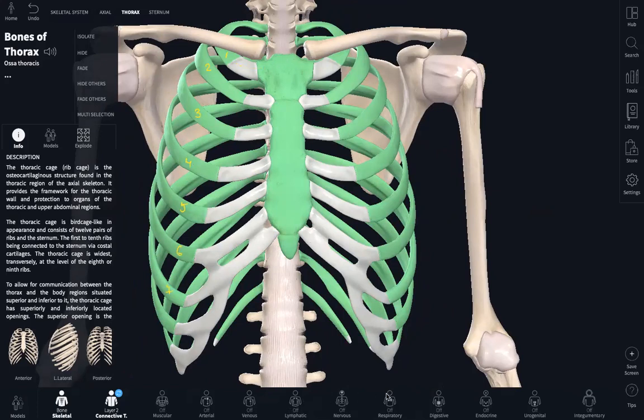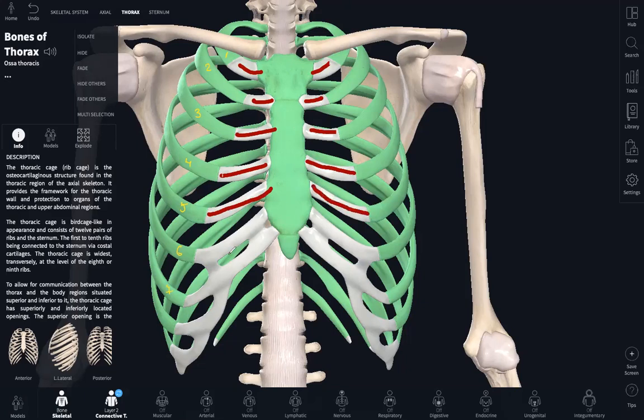I use a different color for it. So see, this is the cartilage here, and here also there is a cartilage. So they all have their own cartilage and they directly join at various regions along the length of the sternum.